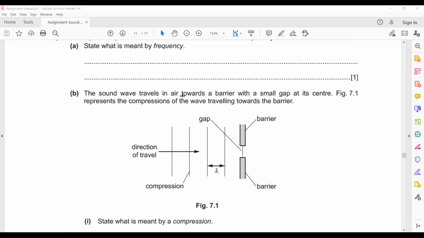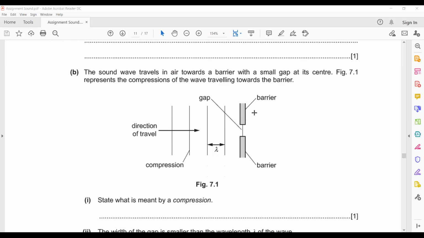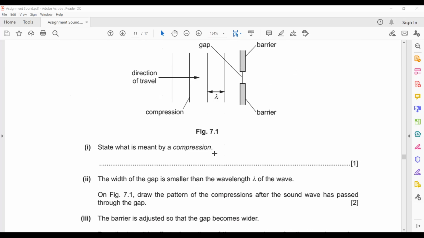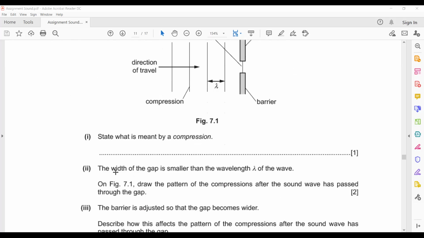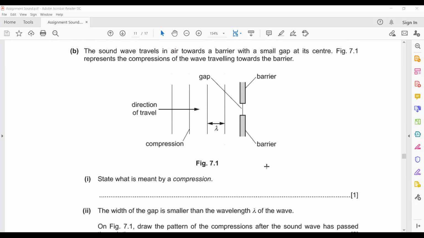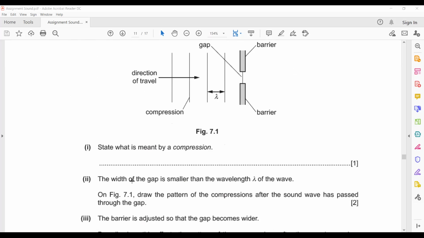The sound wave travels in air through a barrier with a small gap. Figure 7.1 represents a compression of a wave traveling towards the barrier. What is meant by compression? A region of high pressure. The width of the gap is smaller than the wavelength.